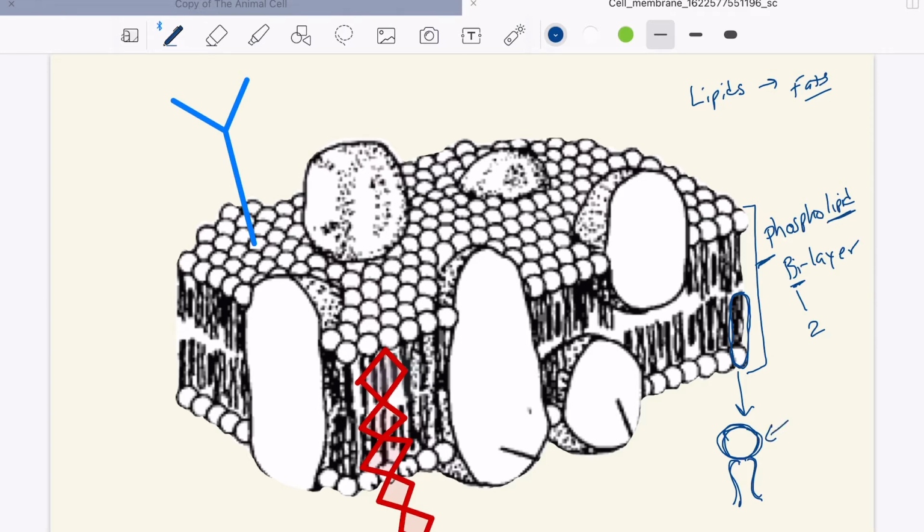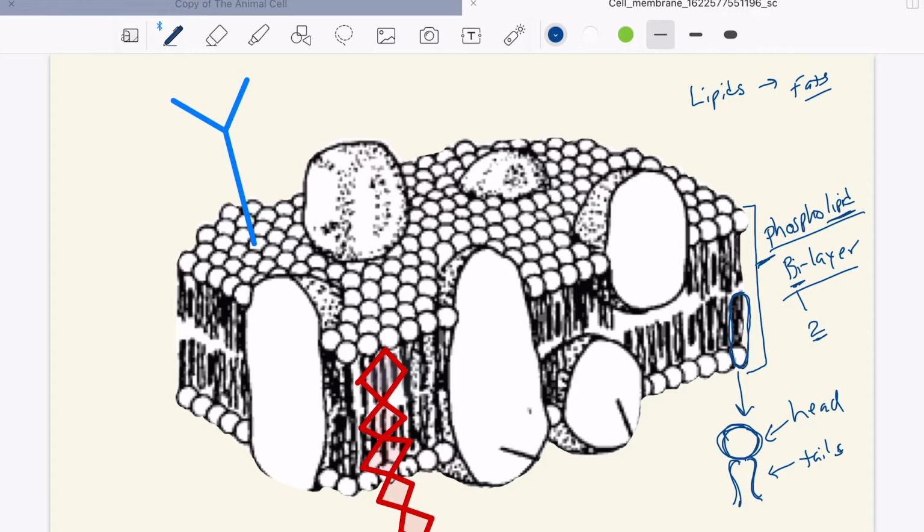This is the head, and these are the tails. There are 2 layers, and that's why we call it the phospholipid bilayer. They are in constant motion, never still, which is why it's called the fluid mosaic model.